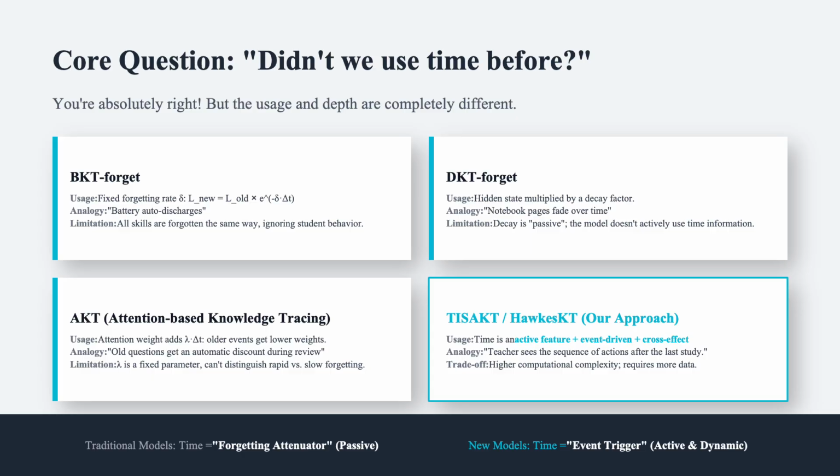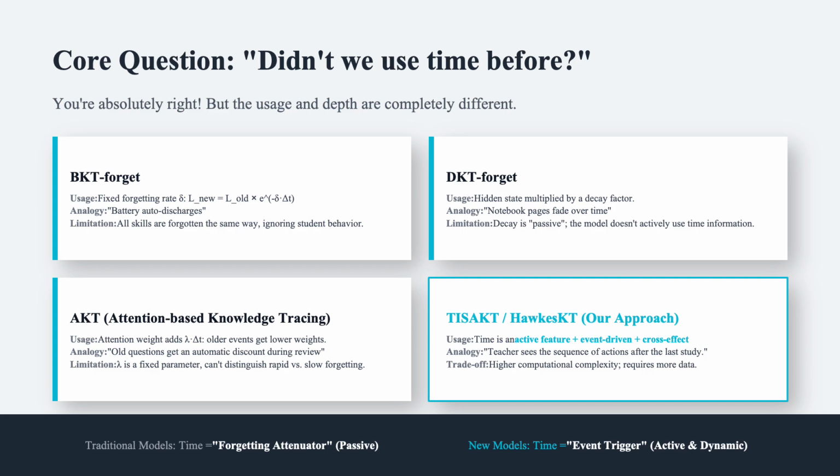This is a fantastic question. Yes, we have used time before, but TISAKT and HawkesKT represent a fundamental shift in how we use it. Earlier models treated time as a simple passive forgetting factor, a battery that drains or a page that fades. The time parameter was fixed and applied uniformly.